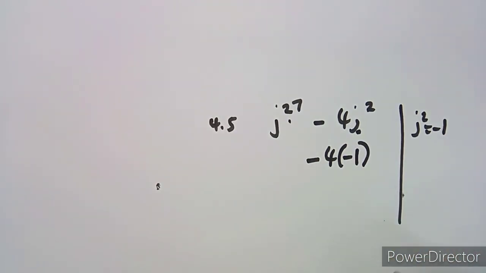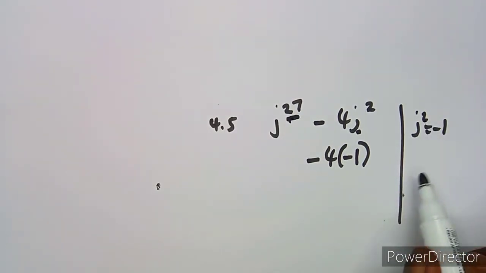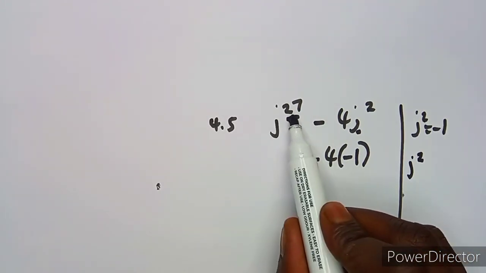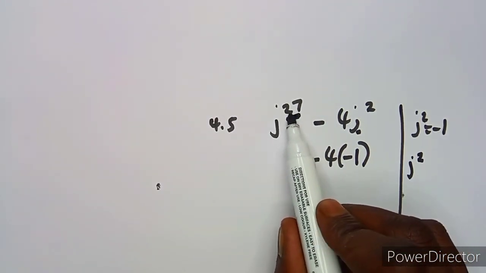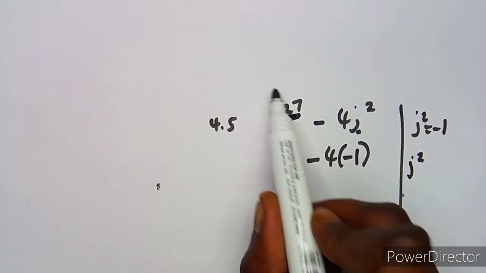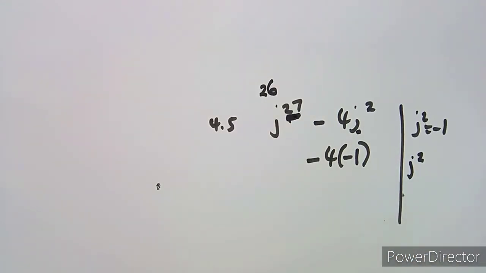But what about this one? If we are to write this 27 in terms of j squared, which number can we use? Because this one is not an even number. So which even number is before 27? The even number before 27 is 26.